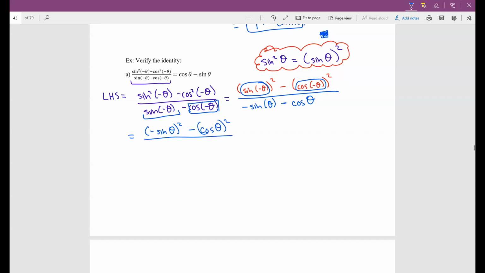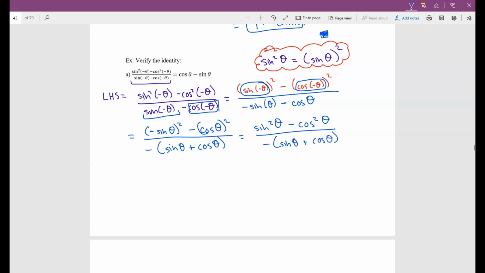Divided by, here what I can do, I can factor out a negative: negative, and then you have a sine theta, and then you have a cosine theta. Now here, notice that this negative is going to get squared. That's going to give me a positive, and it's going to be sine squared theta, and then this guy is going to be minus cosine squared theta, divided by negative sine theta plus cosine theta.